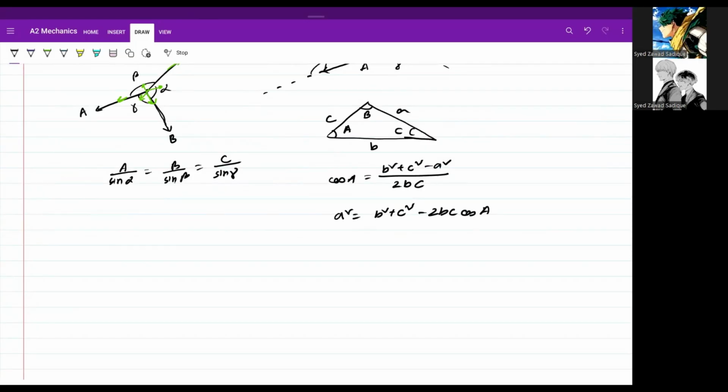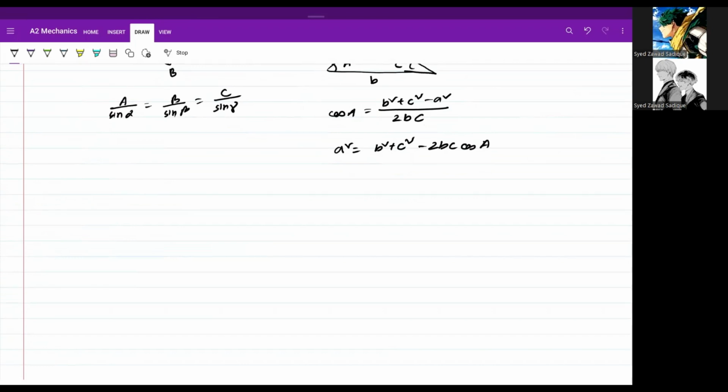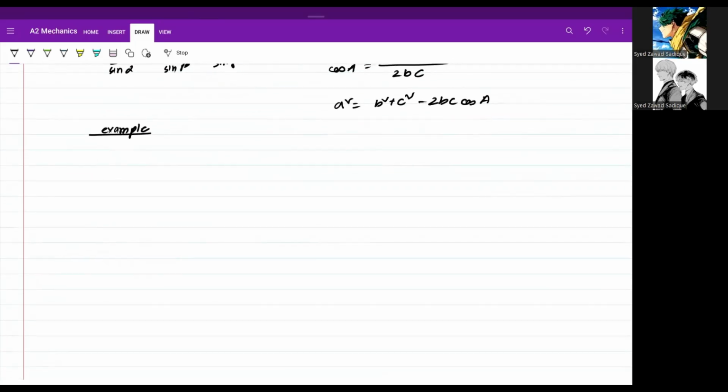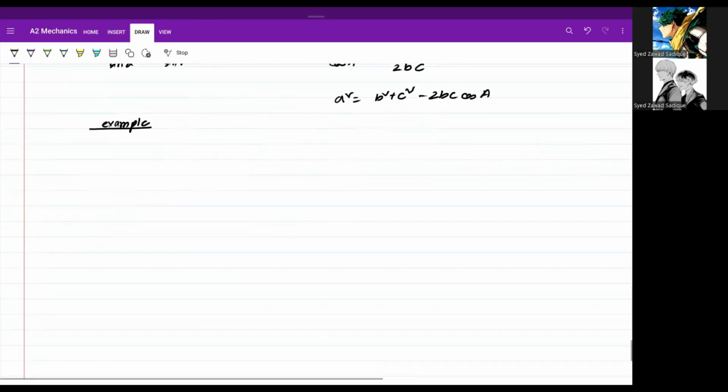Let me throw in an example, because even though Lami's rule seems simple, a lot of people find it difficult. Let's say you have a point in the middle. This is, let's say, 40 newtons. This is, let's say, 50. And let's say this is F. This is alpha, and this is 120.